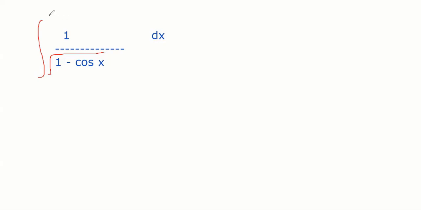Instead of that, we can use the formula which we did yesterday: 1 minus cos 2x equal to 2 sin square x. Correct, everybody? 2 sin square x and 2 cos square x formula yesterday we did.